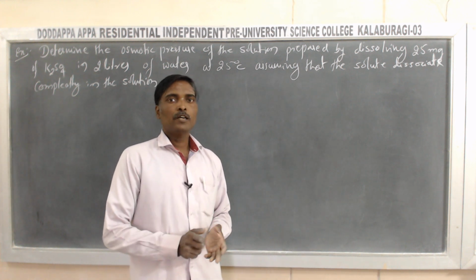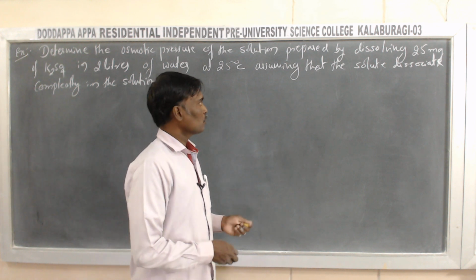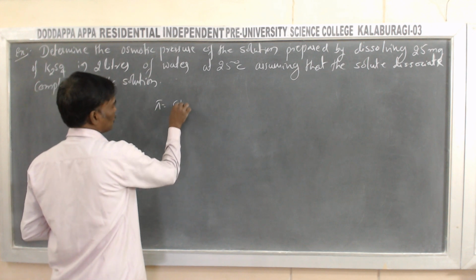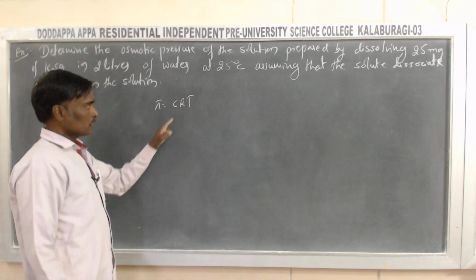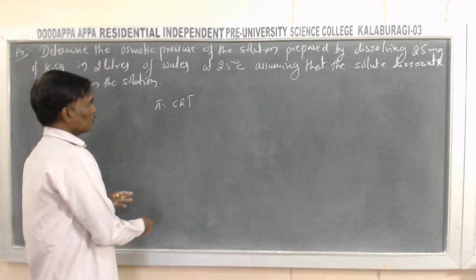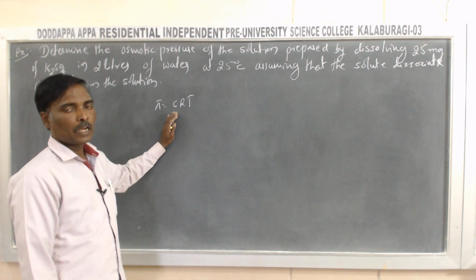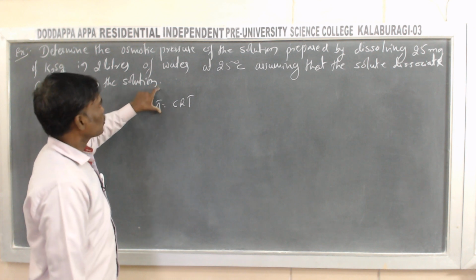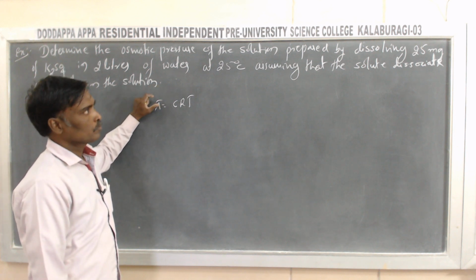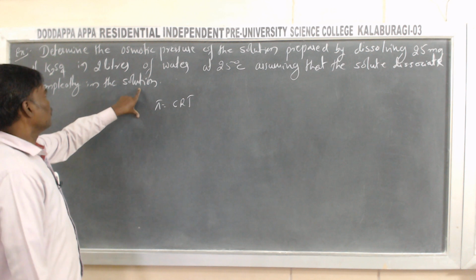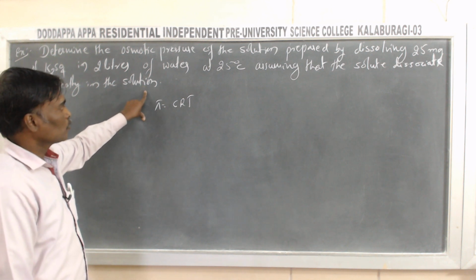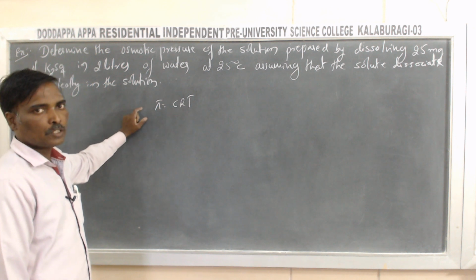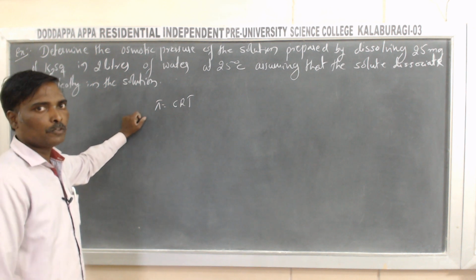Now, if it is an electrolyte and we use the formula to calculate the osmotic pressure, that is pi is equal to C into RT, where C is the concentration. If you use this formula without the Van't Hoff factor, then you cannot get the exact osmotic pressure of the solution, because the number of particles after dissociation is more compared to the number of particles before dissociation.